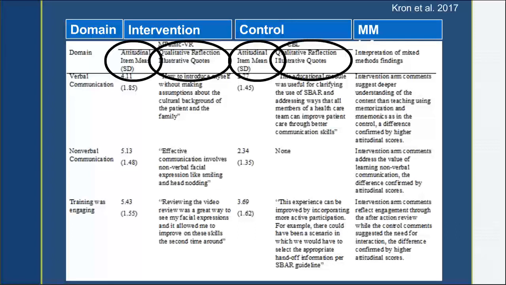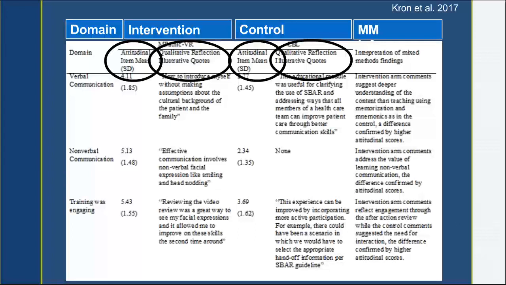Those are good places to start. Generally, though, you still don't see a lot of interpretations included in joint displays. You usually have to dig into the results or sometimes a discussion section to see those examples.